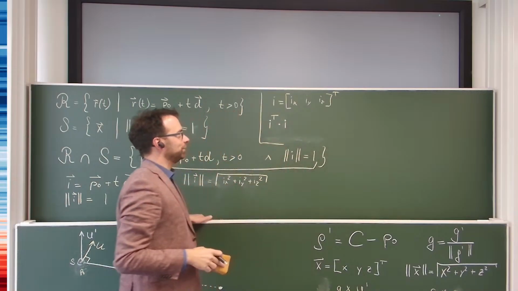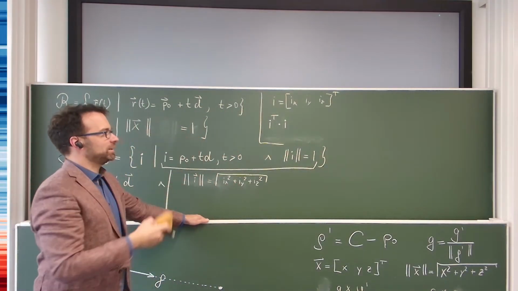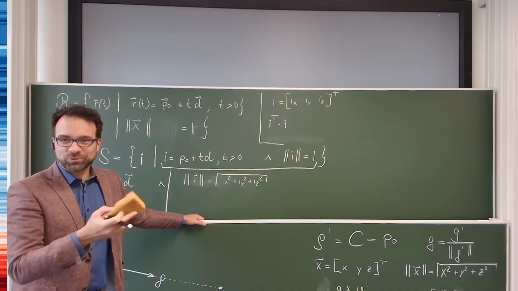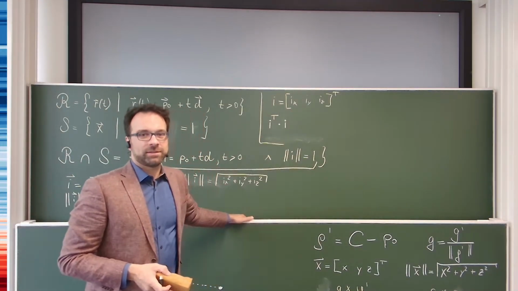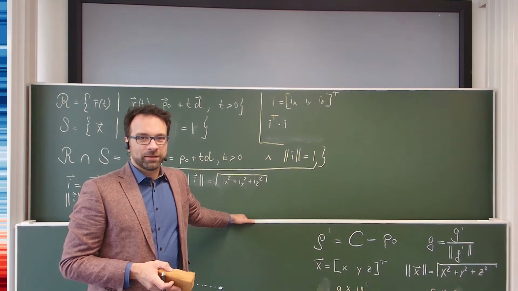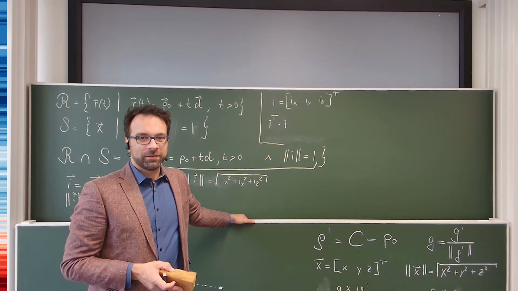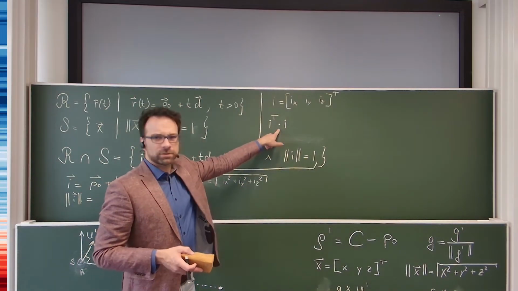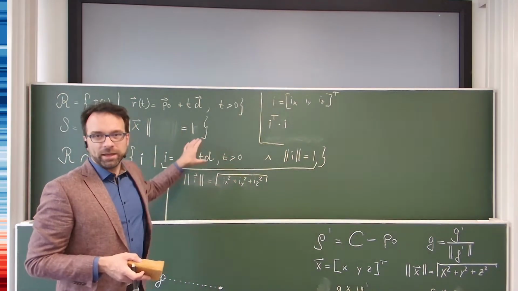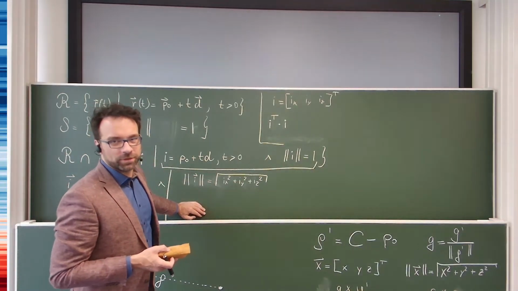Let's take this one, then it's obvious that I needs to be a vector because it's the transpose of a vector. Row vector times column vector, that is a scalar product. And then this looks quite familiar to I squared, what you suggested in the first place.